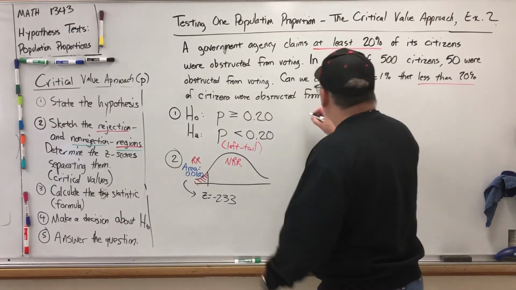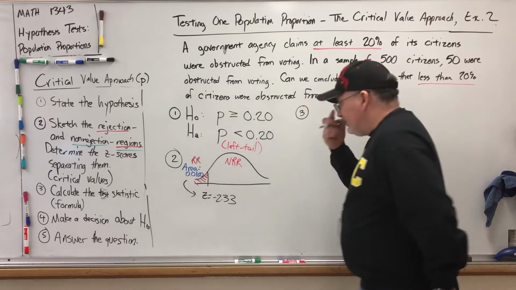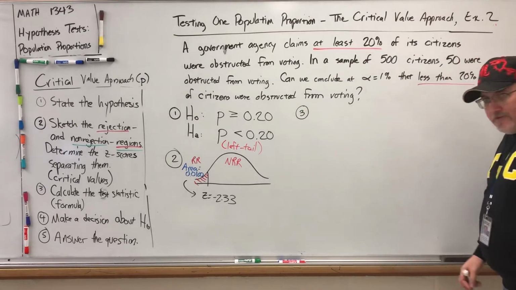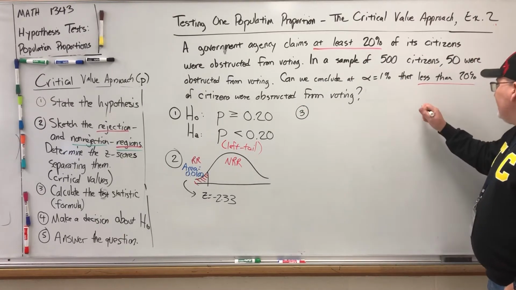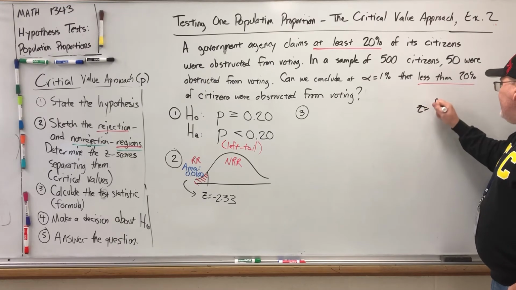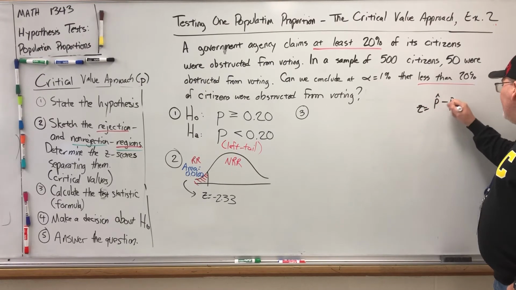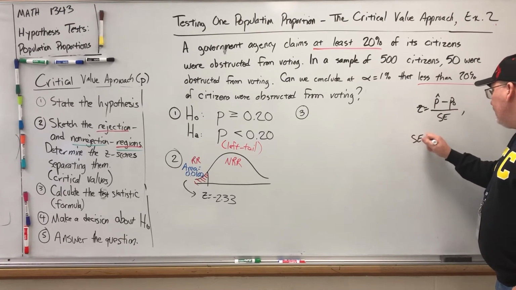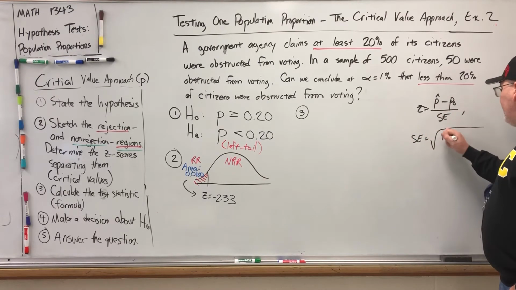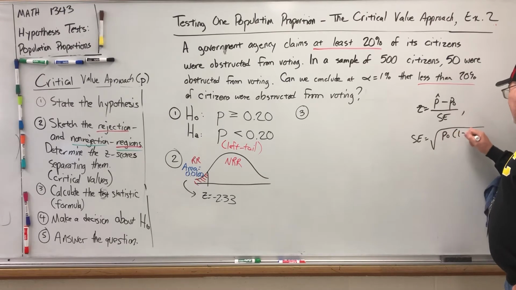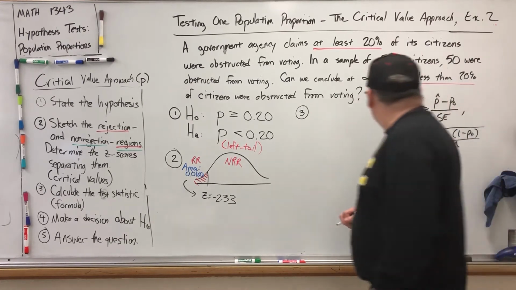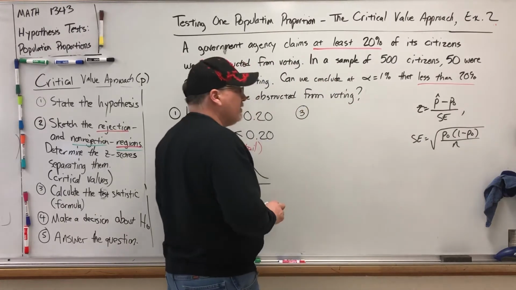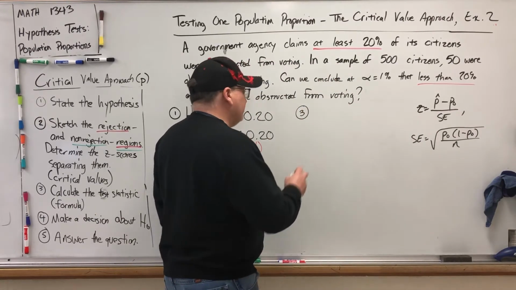Step 3, calculate the test statistic. I do want to remind you of the formulas. We are calculating z equals p hat minus p naught over standard error. Standard error is the square root of p naught times 1 minus p naught over n. So let's start by calculating our standard error.